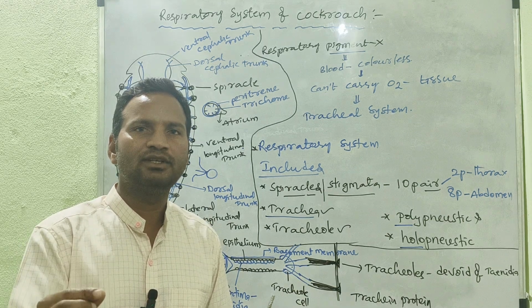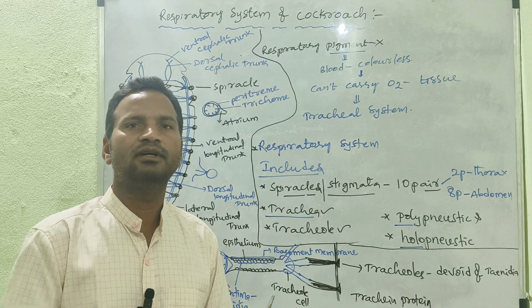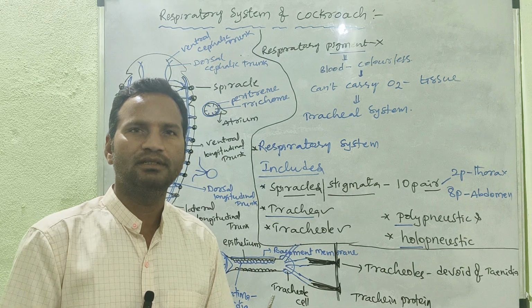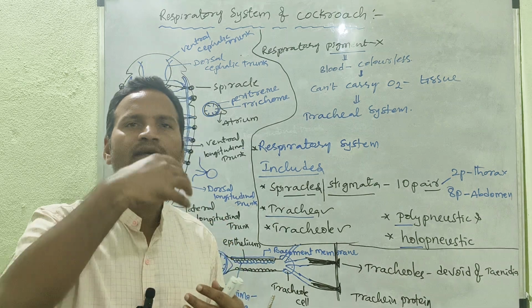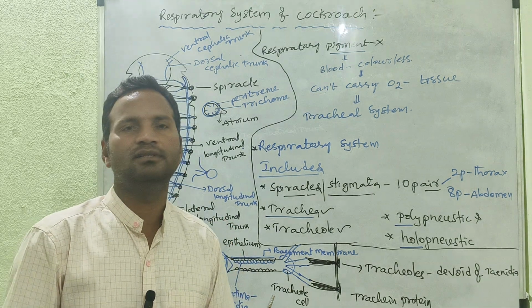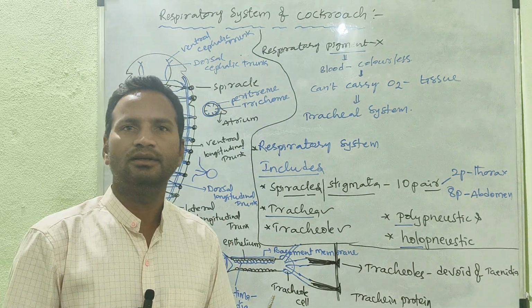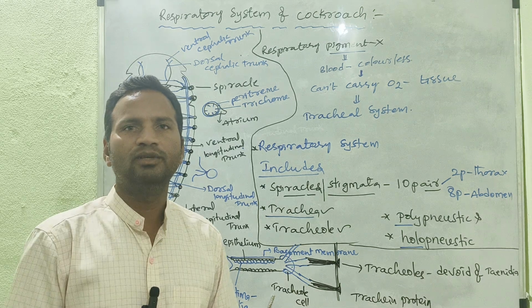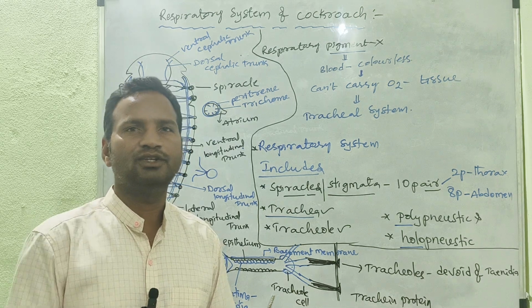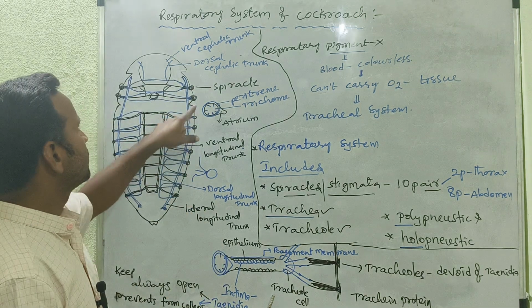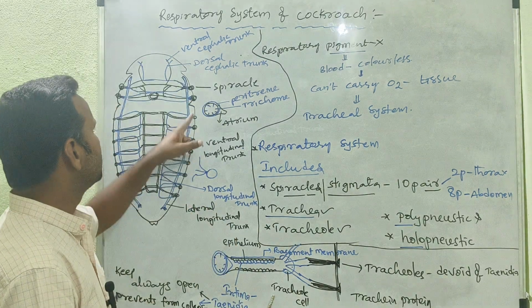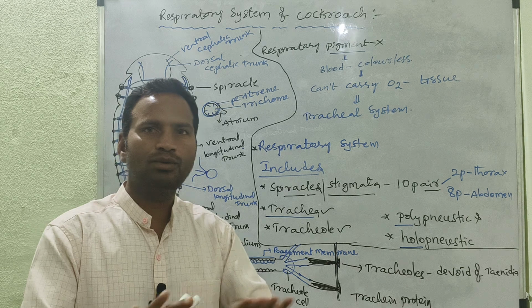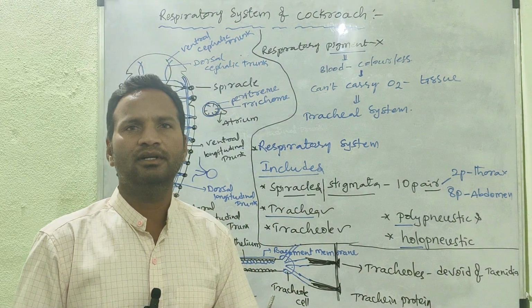Due to relaxation of the dorsoventral muscles and ventral longitudinal muscles, atmospheric air is drawn into the body. During inspiration, the thoracic spiracles are open and the abdominal spiracles are closed.